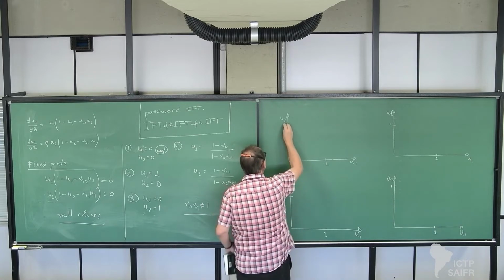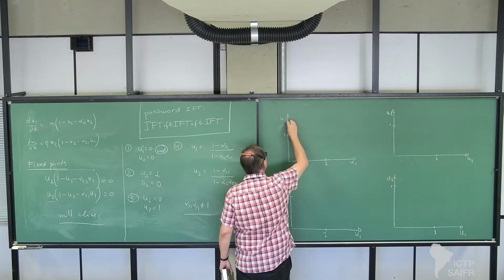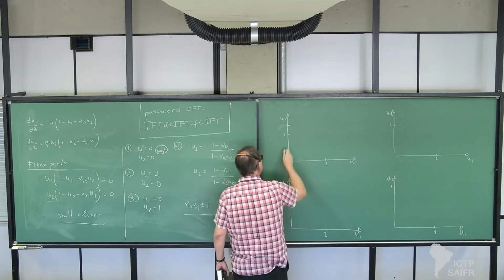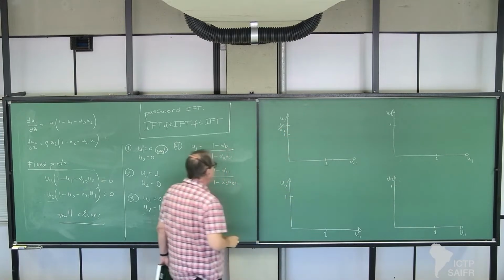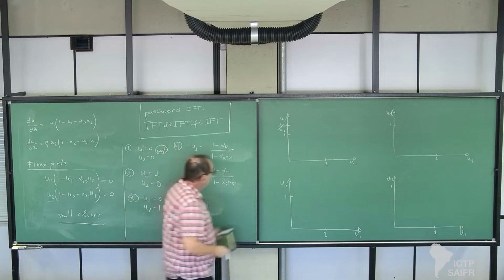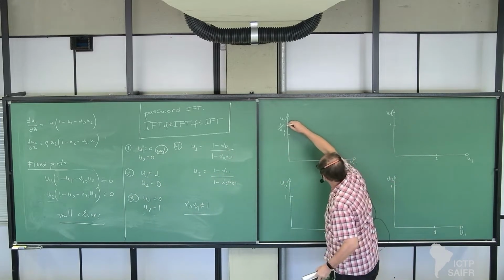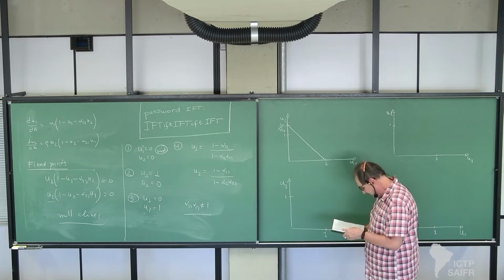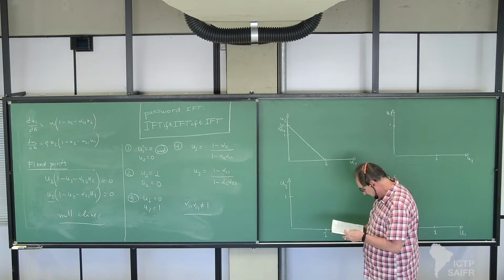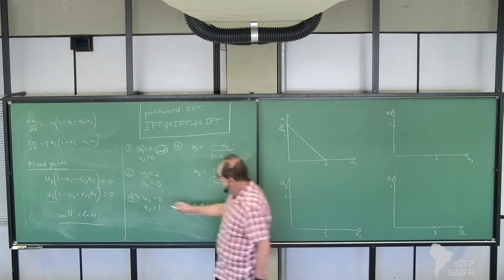Let me mark this point here, just 1 over alpha 1,2. One of the lines will be this one. This is the line which makes this factor 0.